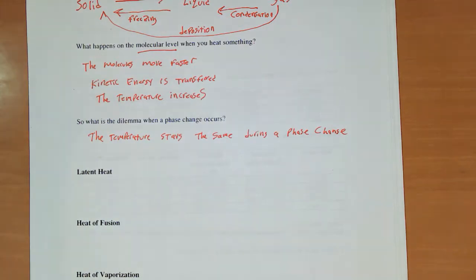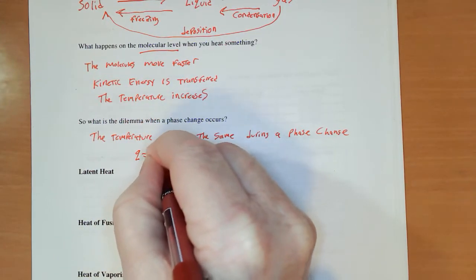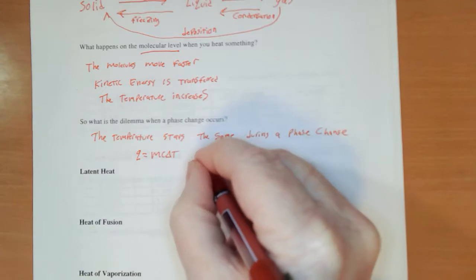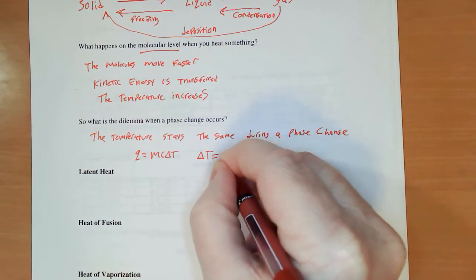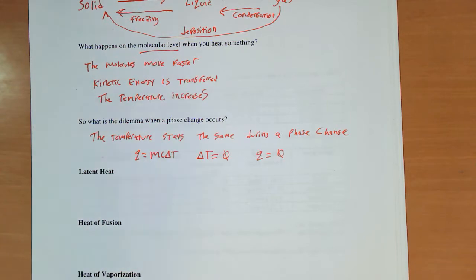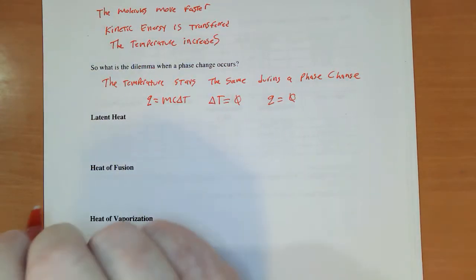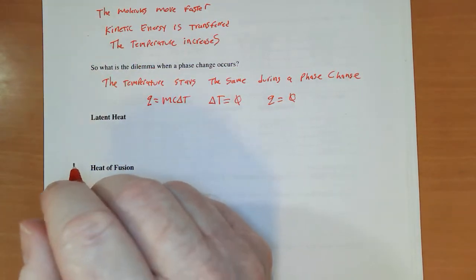Okay? So that new type of heat, and again, just think about it. If Q equals mc delta T, and delta T is equal to 0, Q is equal to 0 by this definition. So the new type of heat that will allow for there to not be a temperature change is going to be called a latent heat.